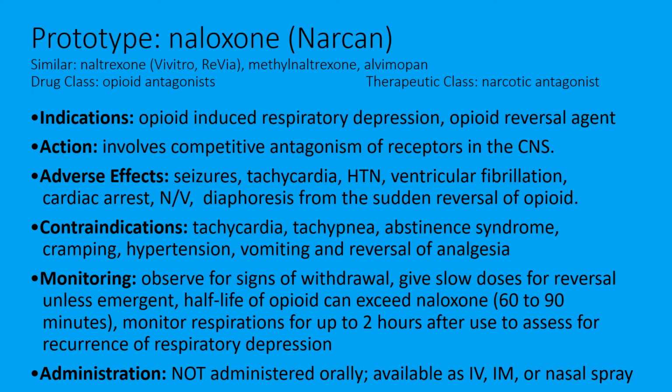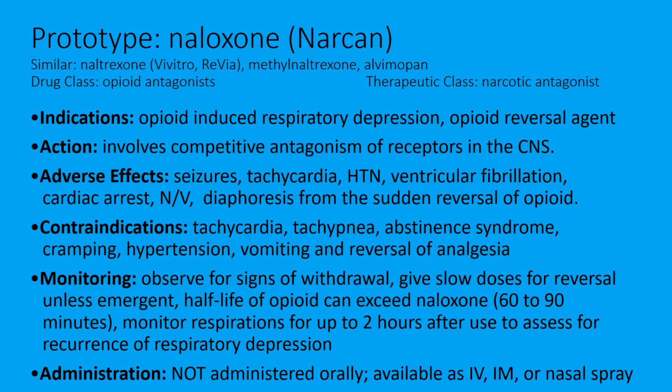Now, if we reverse someone too quickly, look at the adverse effects. So we've suddenly woken them up. So the brain suddenly wakes up. It could have seizures. They will be tachycardic, hypertensive, diaphoretic, with nausea and vomiting. Those are all just reversal. They are the withdrawal symptoms of too much naloxone because you've suddenly replaced all the opioids that were in their body with naloxone.